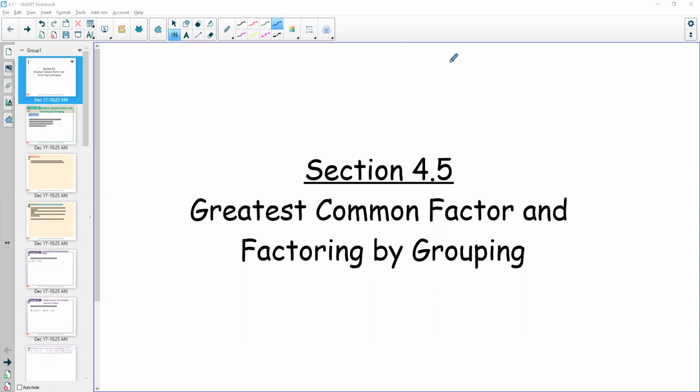All right, so this is a good example of how the notes are going to go. This is section 4.5. This is the beginning of this course for us. What's going to happen in here is we're going to walk through the notes. You are going to have a PDF copy of the notes before I've gone through them here in your section of Canvas for 4.5, and then you're also going to have a version of the notes with the work on them to go along with the video.